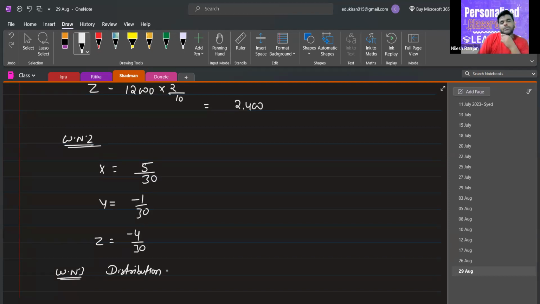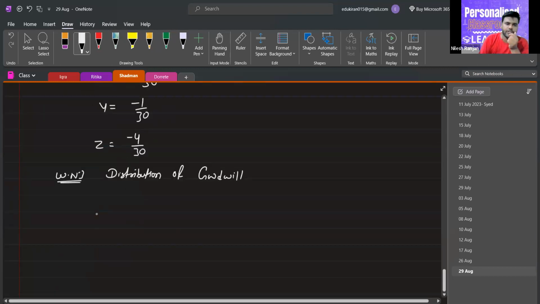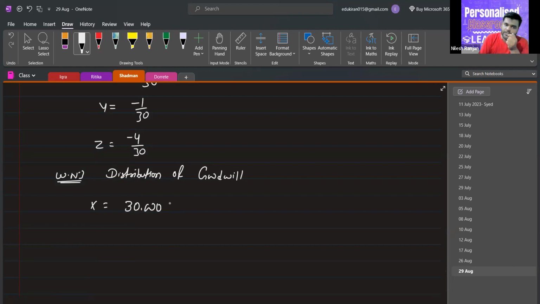Now, working note number 3, distribution of goodwill or adjustment of goodwill, you can write. First of all, valued goodwill is 30,000. So it is 30,000 into 5/30. For Y, it is 30,000 into 1/30.